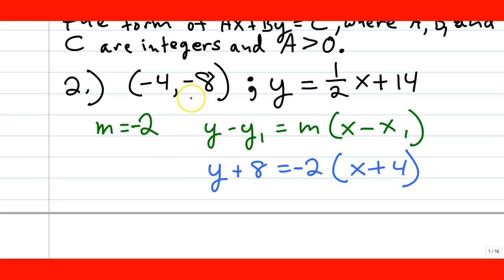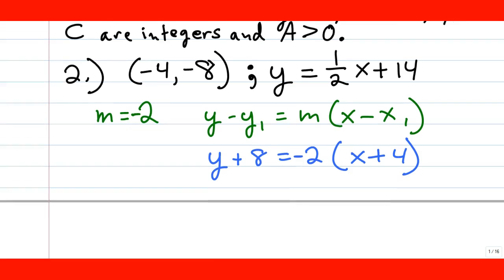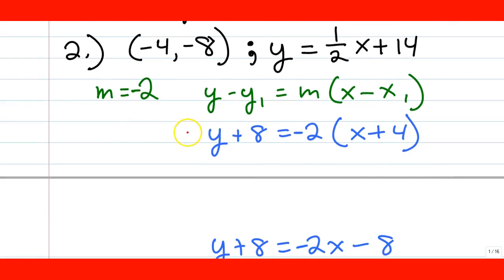Now we have a slope, we have a point, so again we're going to use that point-slope formula, y minus y sub 1 equals m times x minus x sub 1. I'm going to plug my values in. So I have a y plus 8.